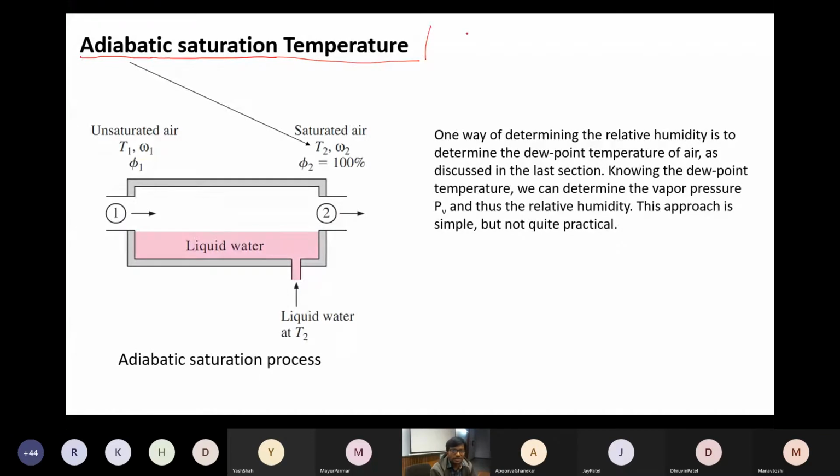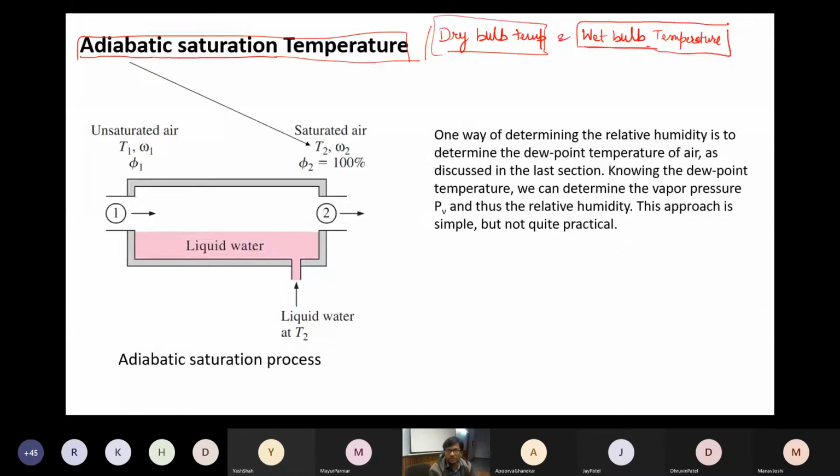Not only this, we have other keywords such as dry bulb temperature and wet bulb temperature. Today we will try to understand these three keywords: adiabatic saturation temperature, dry bulb temperature, and wet bulb temperature. These keywords will be widely used in this context.